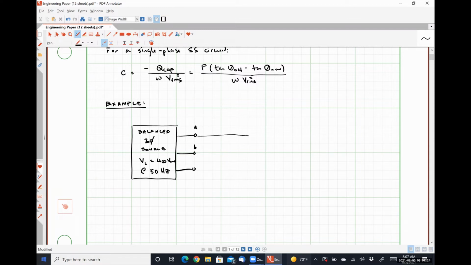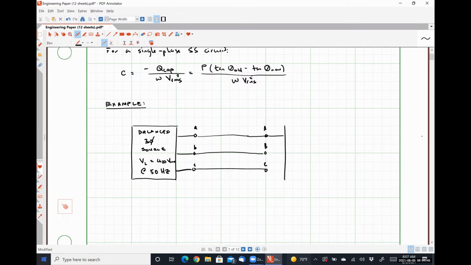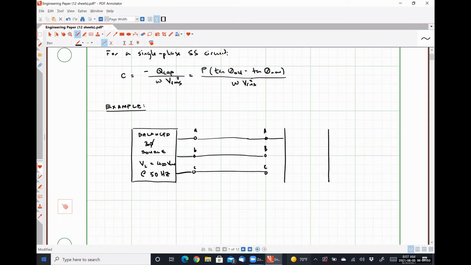And this source feeds a balanced three-phase load that absorbs, let's say, 50 kilowatts per phase at a power factor of 0.8 lagging.